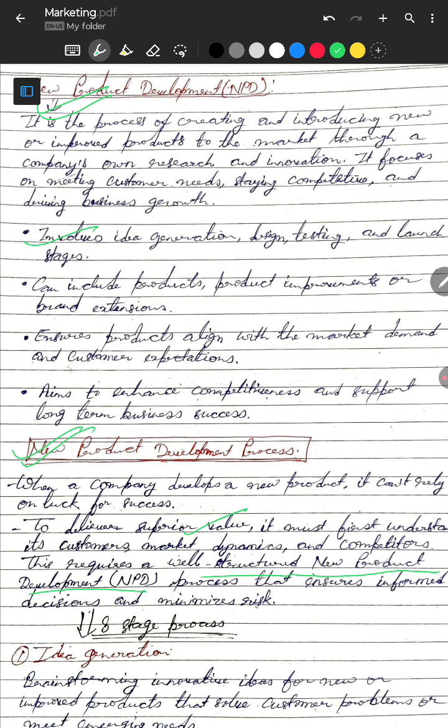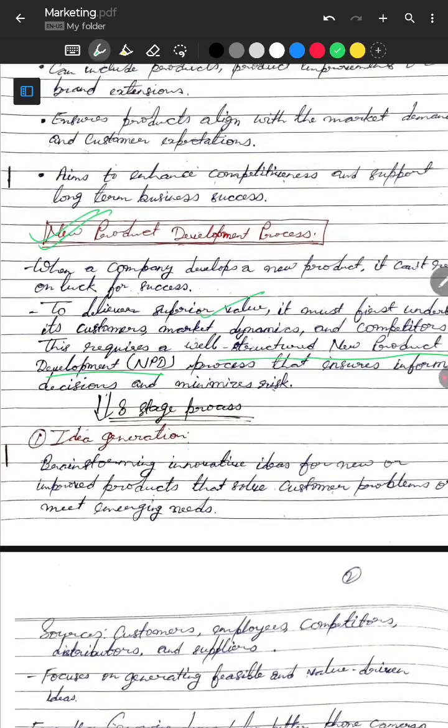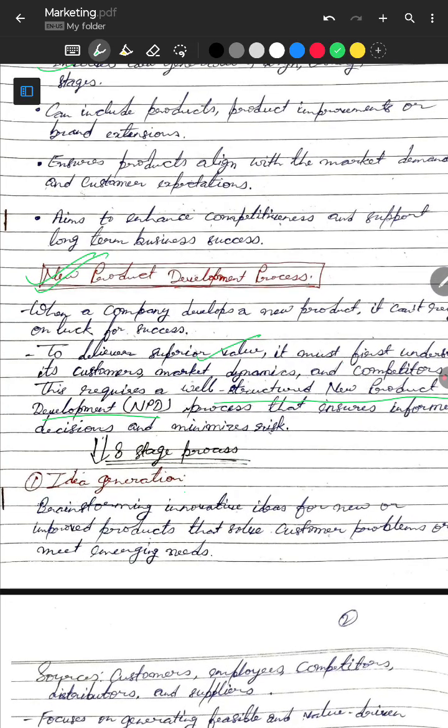Here is what happens in idea generation: brainstorming innovative ideas for new or improved products that solve customer problems or meet emerging needs. Basically it is all about solving customer problems. In idea generation, whatever brainstorming or new ideas we put forward should solve customer problems.